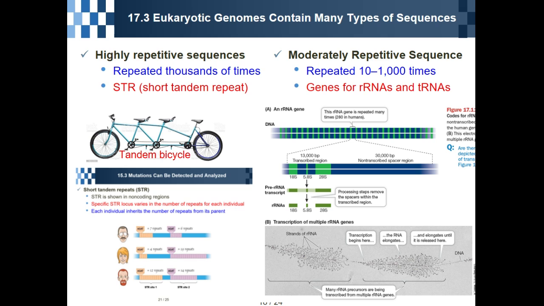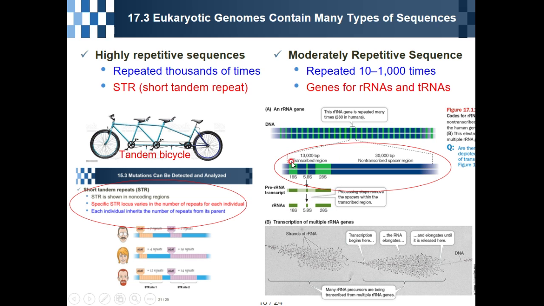And also, for example, the genes for rRNA or genes for tRNA. For example, this unit is repeated. For example, this is rRNA. So they make the rRNAs like this.